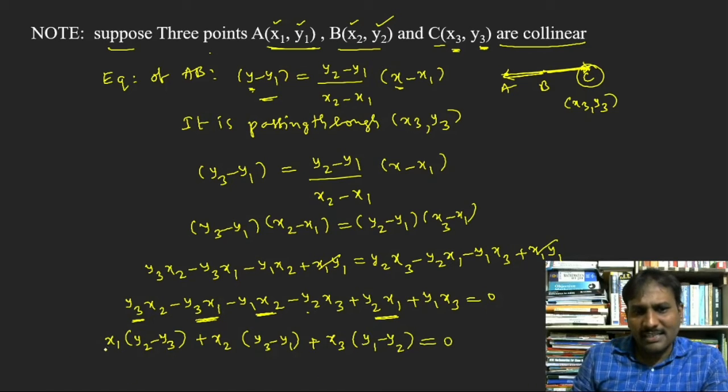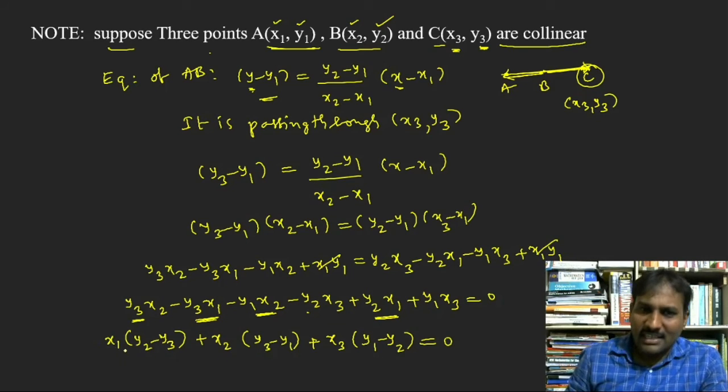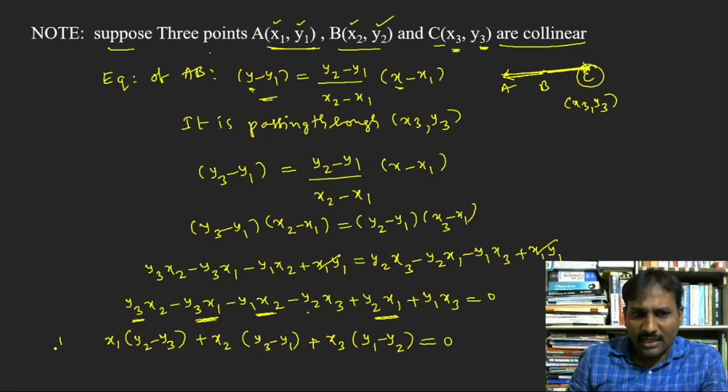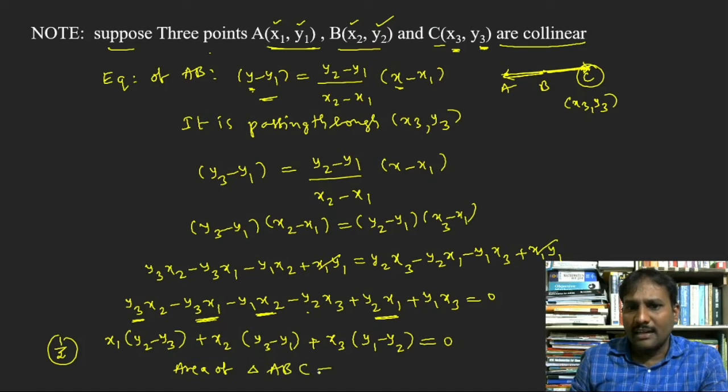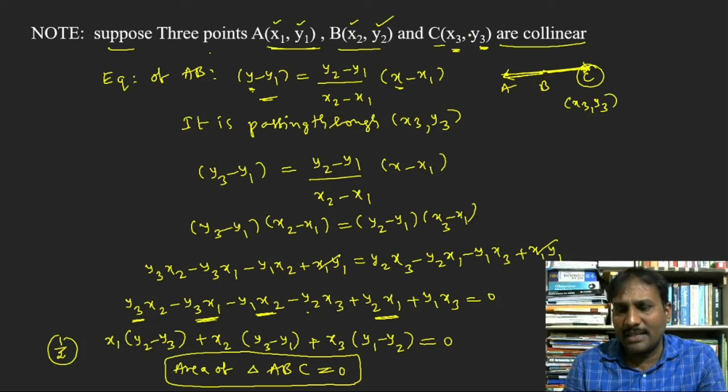So what is this? Did you see this formula anywhere? Yes, this is nothing but the area of a triangle formula. Of course, here half will be there. So if this is equal to 0, it means the area of triangle ABC is equal to 0, because (x1, y1), (x2, y2), (x3, y3) are the vertices of the triangle ABC.